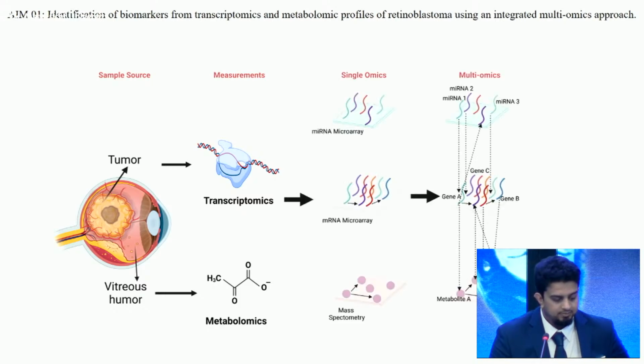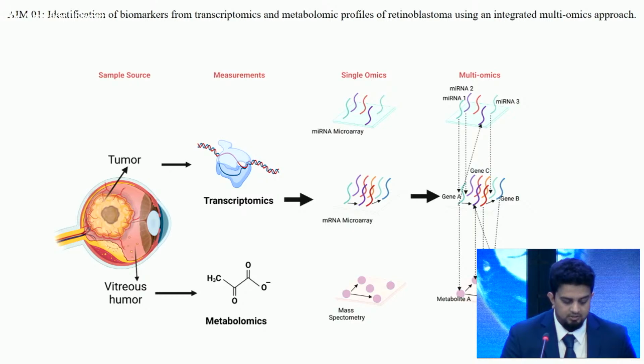In the transcriptomics, we used total RNA, where a microarray was done for non-coding microRNAs, and for mRNA expression, we looked at the mRNA microarray. The metabolomics was subjected to mass spectrometry. Using multi-omics, we further looked at the association between different omic layers, where we looked at the association of microRNA with mRNA and mRNA with metabolite.